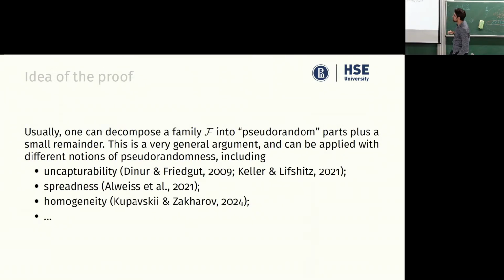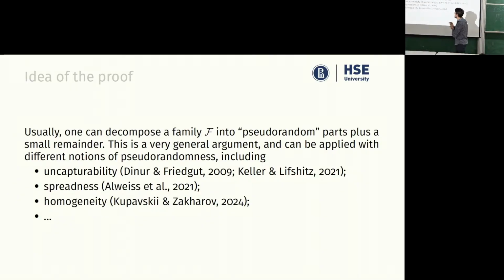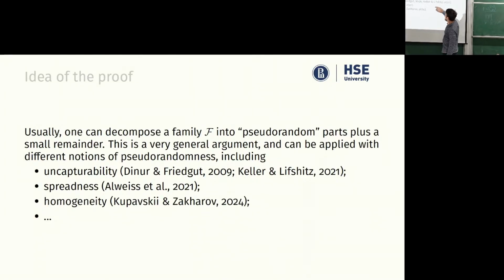Let me briefly discuss the proof idea. It follows, almost always but with some exceptions, the decomposition of the initial family into some pseudo-random parts, like uncapturability in Denur and Friedgut's analysis of t-intersection families, or spreadness like in Alweiss's paper, or homogeneity like in the paper of Andrey and Dean.